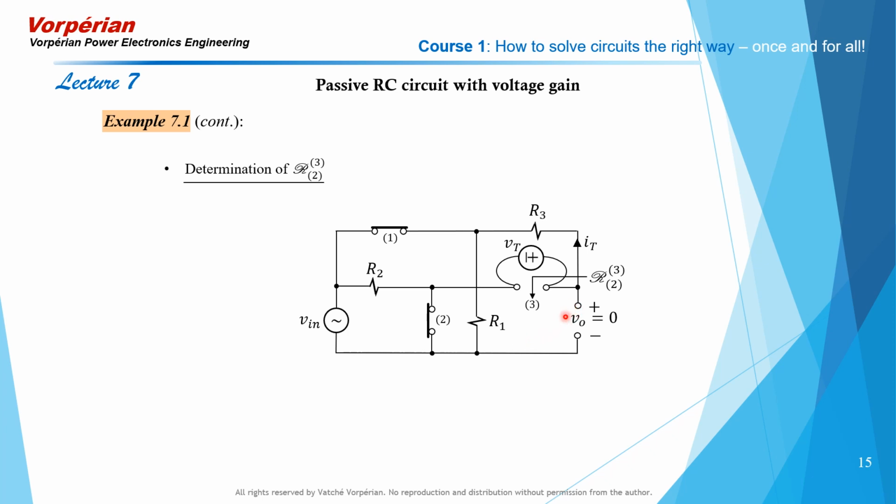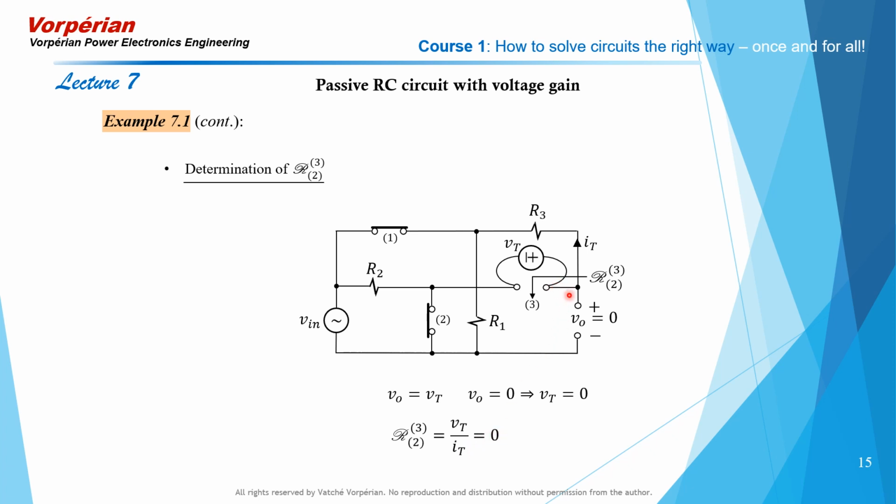With the response V0 nulled and this port shorted, we recognize that Vt appears directly across the output V0, and V0 nulled implies that Vt must equal 0. That's the only way you can null V0 in this case. With Vt equal to 0, the null impedance looking into this port, Vt over IT, will be 0.